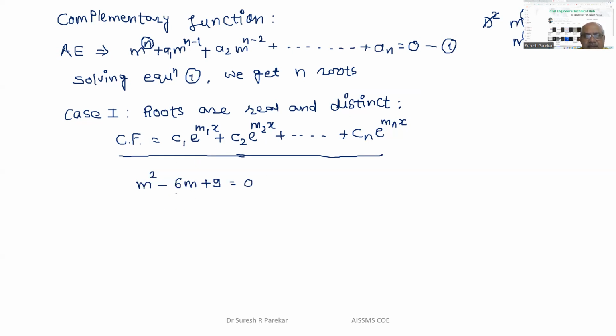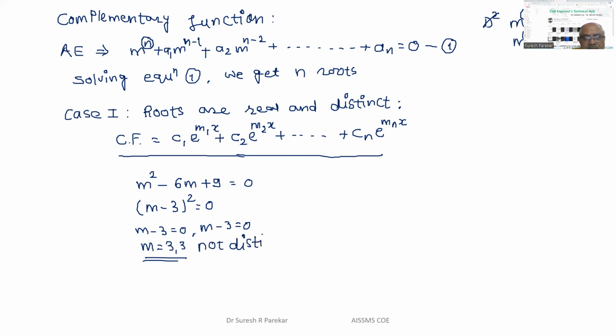If we solve this, we get m minus 3 whole square equal to 0, so m minus 3 equal to 0 and m minus 3 equal to 0, and then we have m values 3, 3.